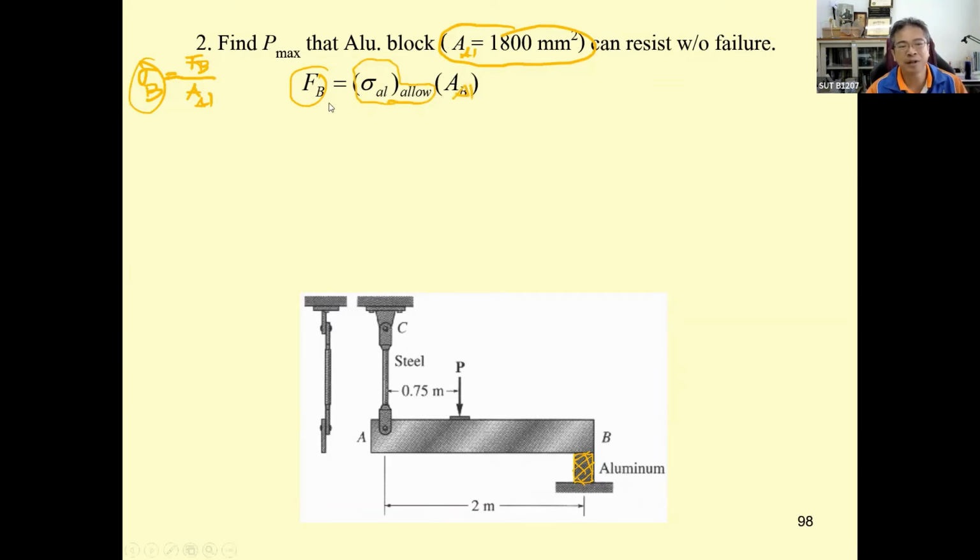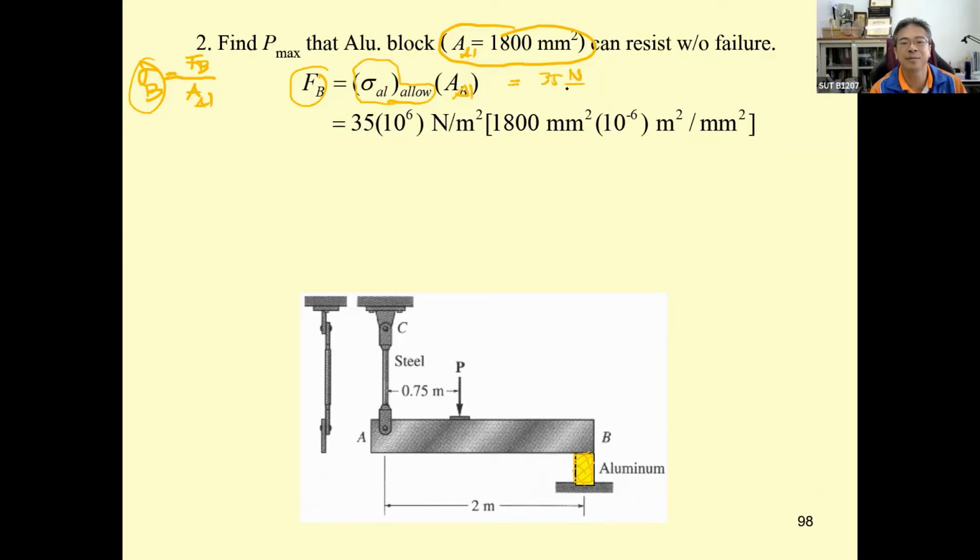So by putting this one, you may get 35 Newton per square millimeter times 1,800 square millimeter. You get this one in the unit of Newton, and you may rearrange it into kilonewton.